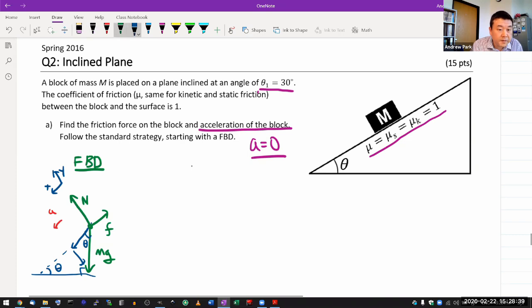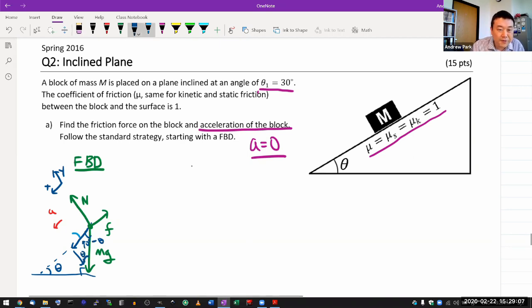So in terms of labeling the components, the horizontal component, wait, sorry, no. Did it too quickly. That's not going to be theta because this is the right triangle here. So the angle I have there is not theta, but it's actually 90 degrees minus theta. So this is going to be theta.